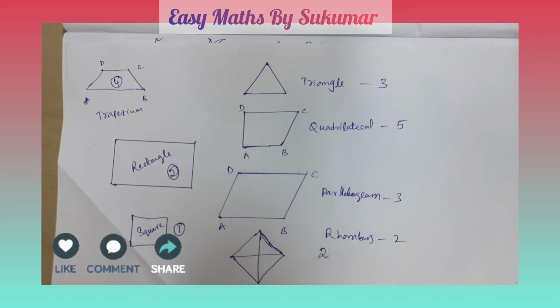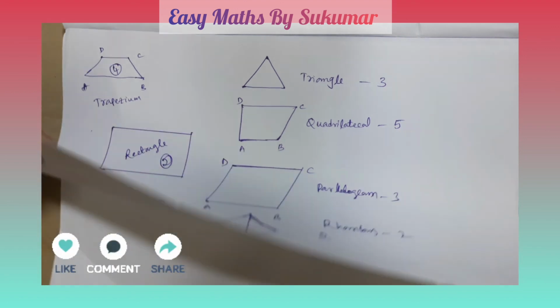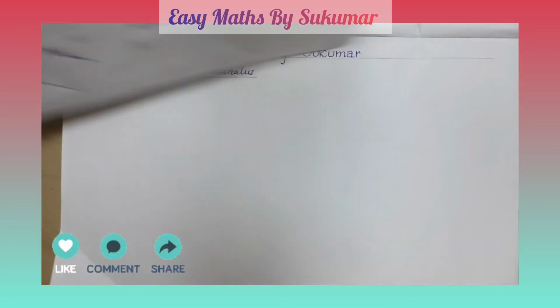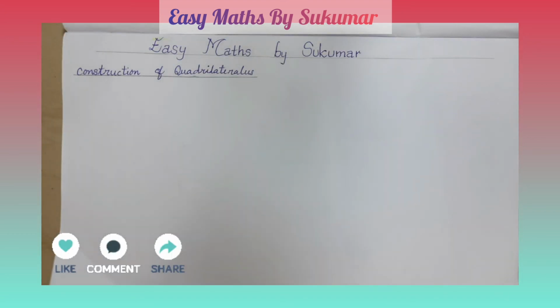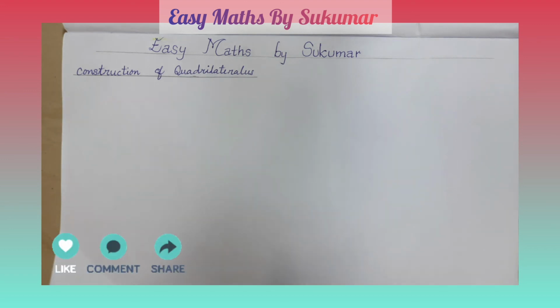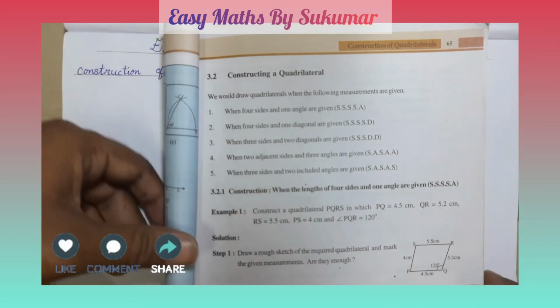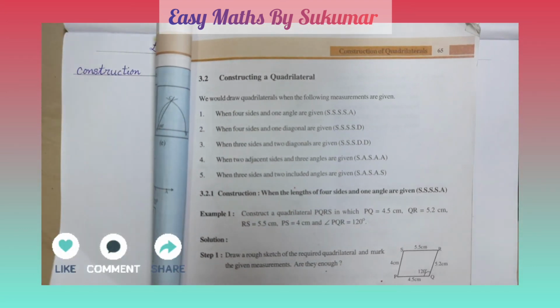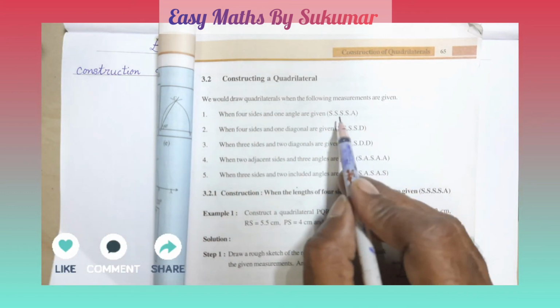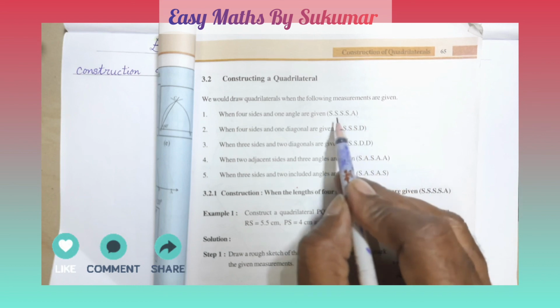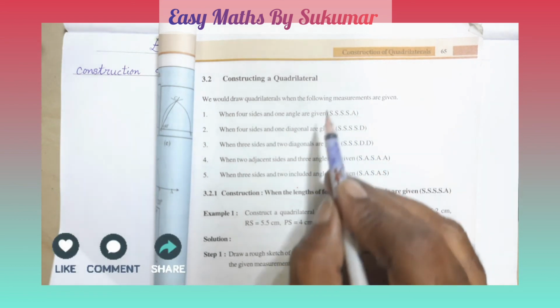Okay, see my dear students, now we are going to construct quadrilaterals. Actually, as I told you, 5 independent measurements are required to construct a quadrilateral. The first case is S, S, S, S, A. That means 4 sides and 1 angle. Total 5 measurements.